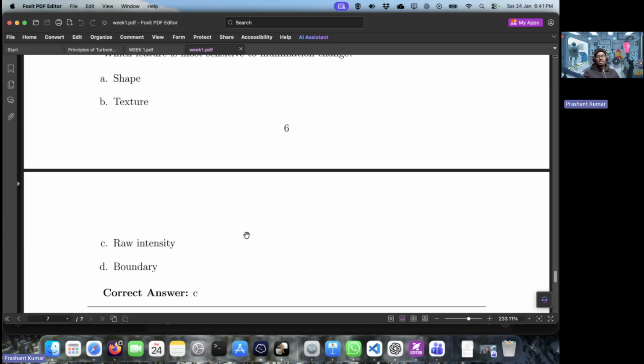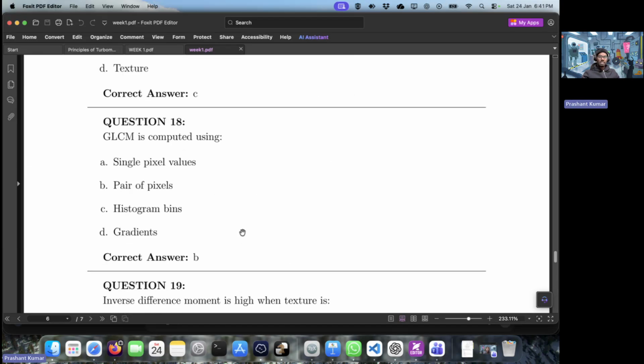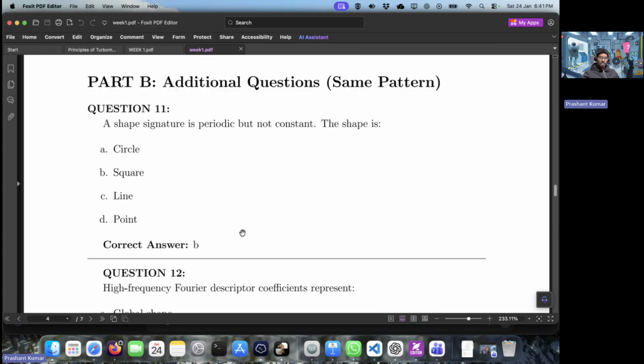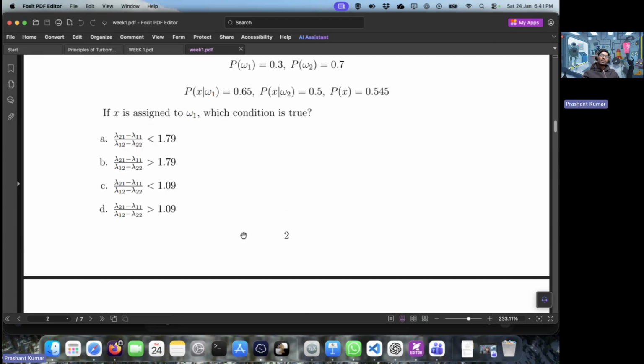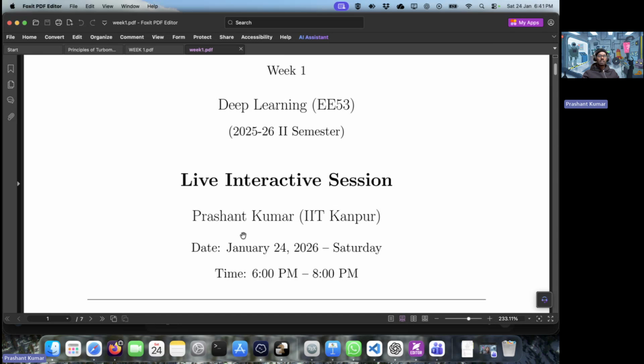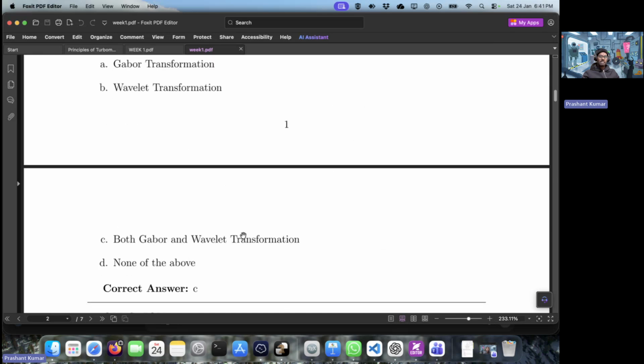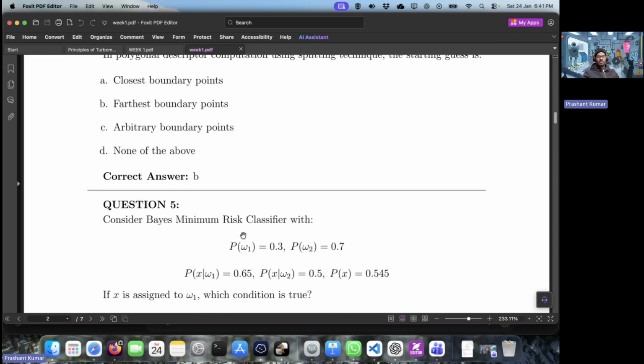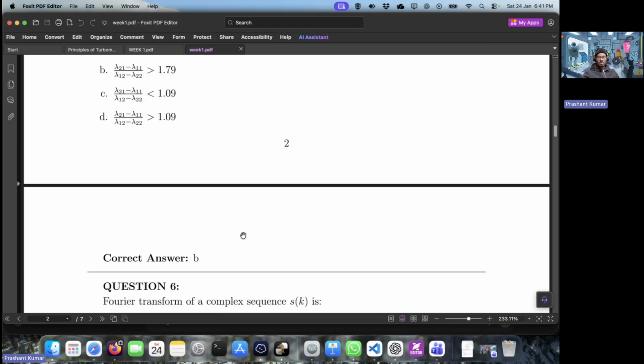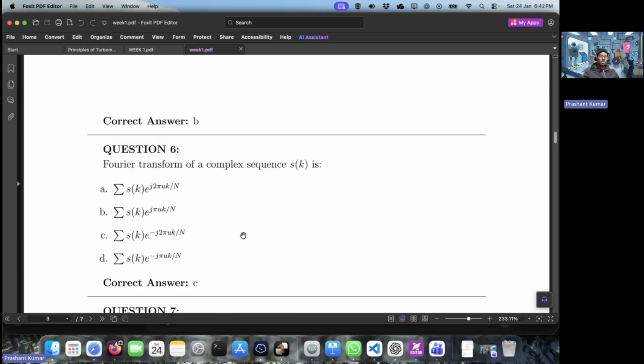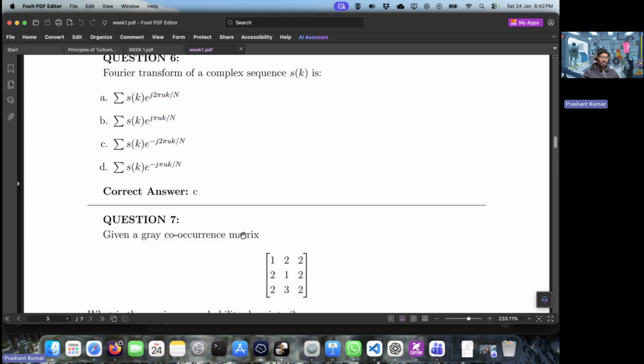I mean you can see that the questions are very easy. There is nothing too much. The only thing you can do is to work on the mathematics, what the Bayes rule is, how we can implement it. You can write some code for different examples. You can work on a little bit of Fourier transform.